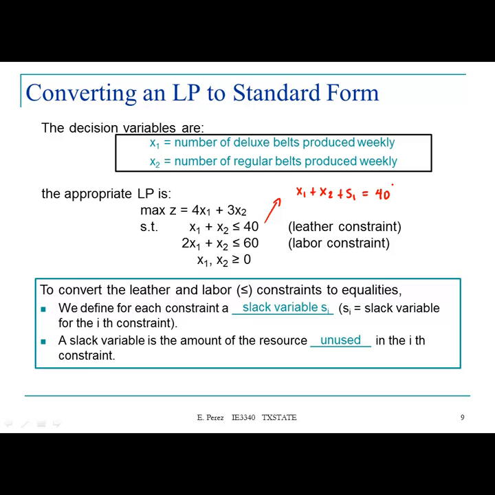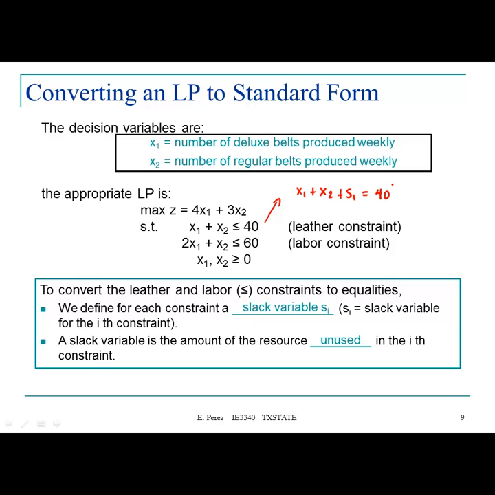If you solve the problem now when you have this constraint, x1 and x2 can have any value that is less than or equal to 40. So this could be 10 and this could be 10, and the constraint is going to be satisfied because 10 plus 10 is going to be 20, and that is going to be less than or equal to 40.